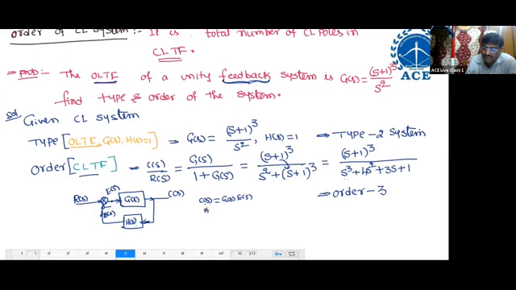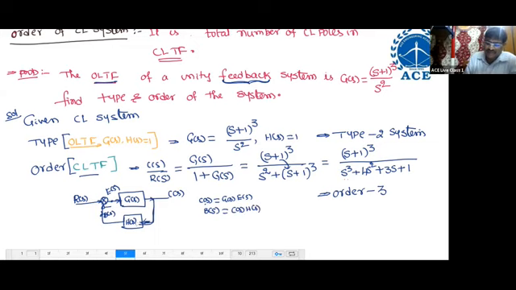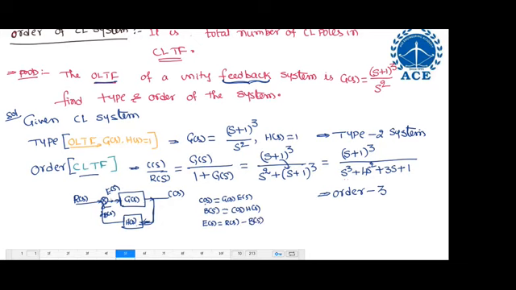B of S equals H of S into C of S. Then what is E of S? R of S minus B of S. Now substitute and simplify, then you will get the answer.